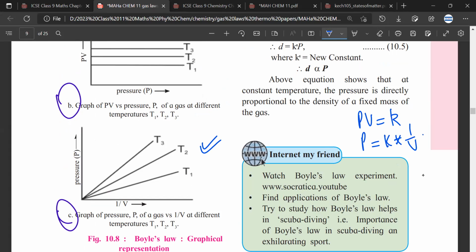No. Let me compare this with y is equal to m into x. Any doubt? No. Mr. CB, do you remember what m was?